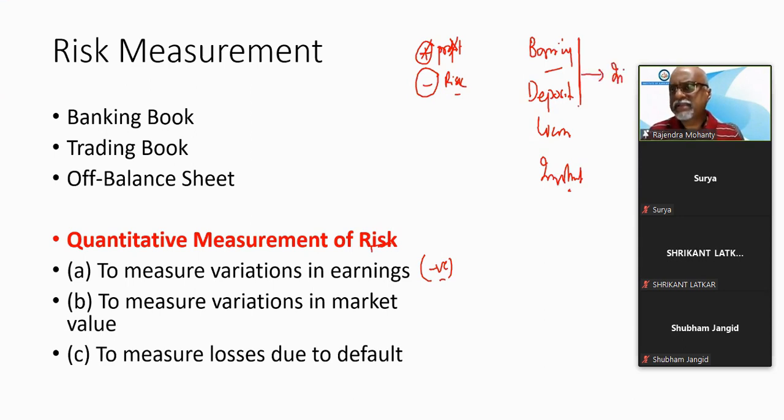Whenever a change of interest happens, there is a variation. And when the interest change is adversely affecting the bank, suppose the deposit rate was earlier 6%, now it is becoming 6.25%. It has increased. That means the bank has to pay additional 0.25%. So it is a variation in the earning resulting in a loss or resulting in a risk.